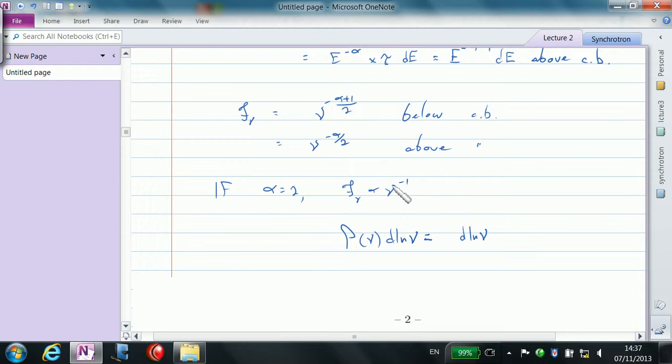Because p over nu is proportional to f. P of nu is proportional to f of nu times nu, right?